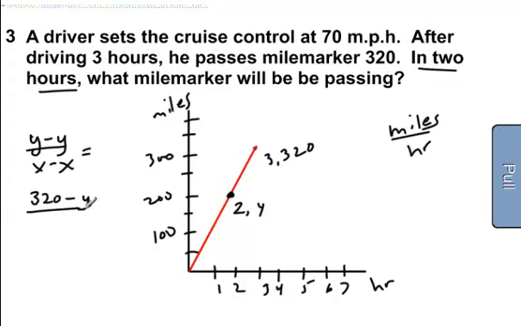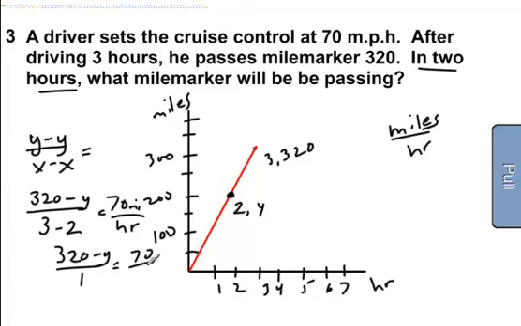I don't know what it is. I do have 3 minus 2. And I know that this has to be equal to 70 miles per hour. So let's do the math that we can. 320 minus y over 1 equals 70 over, again, 1 miles per hour.